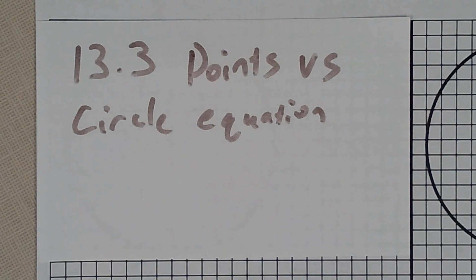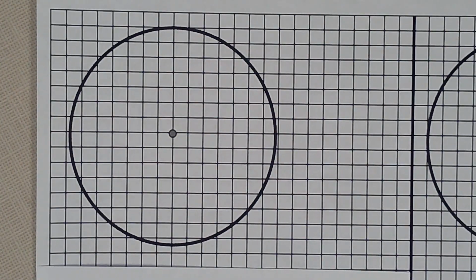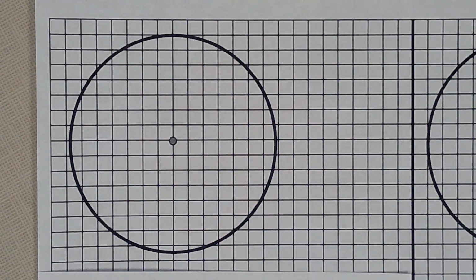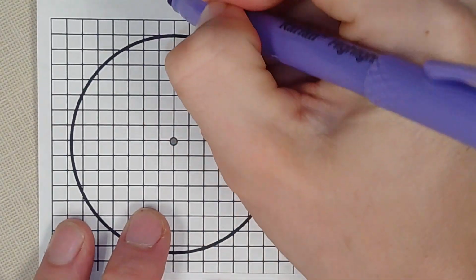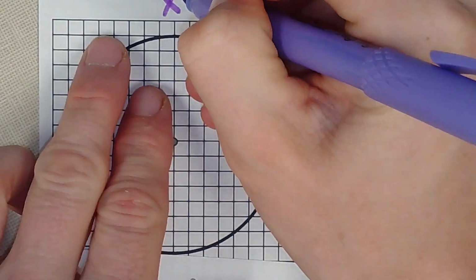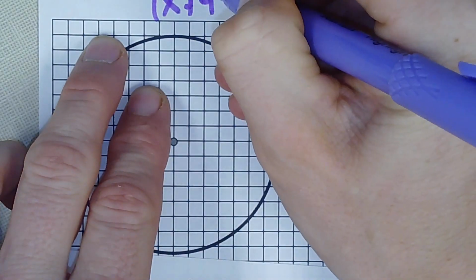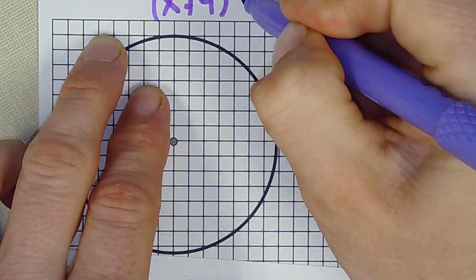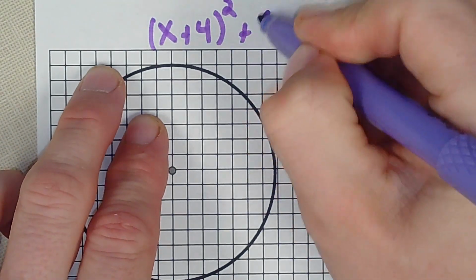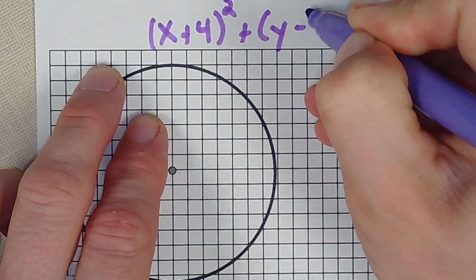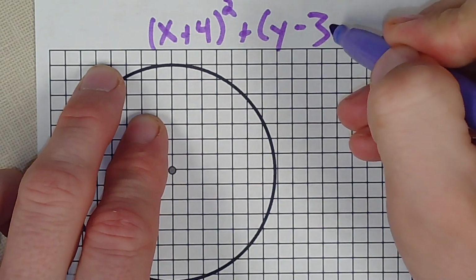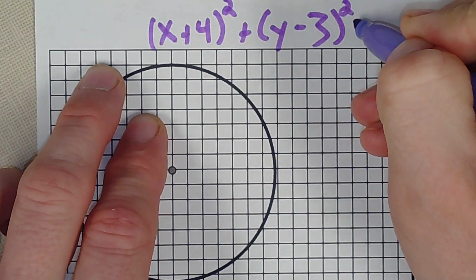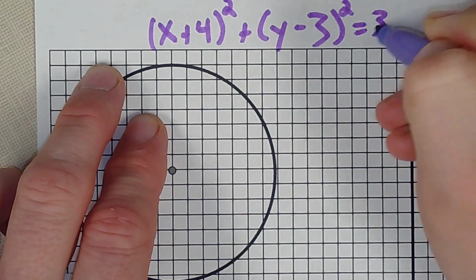Okay, so say we're given a circle, and the equation of that circle we'll say is, for instance, (x + 4) squared plus (y - 3) squared equals 36.